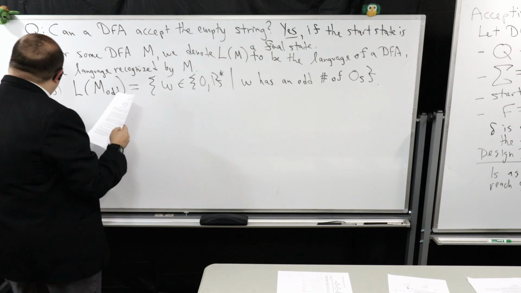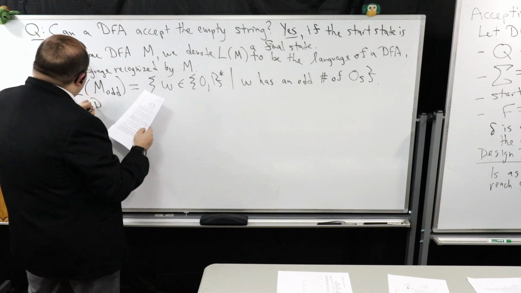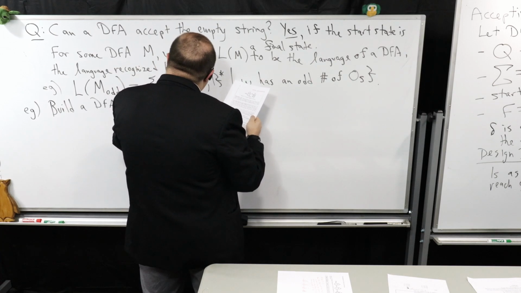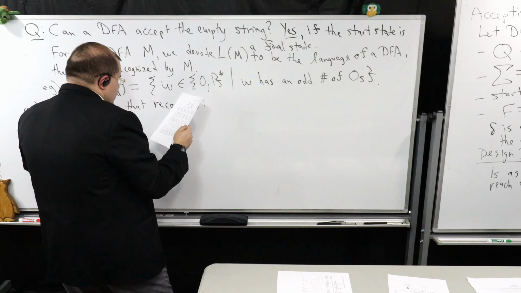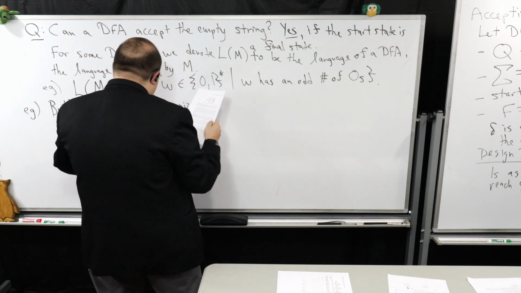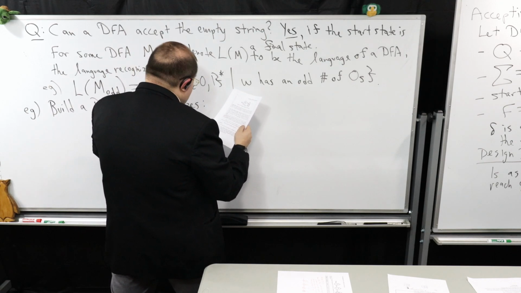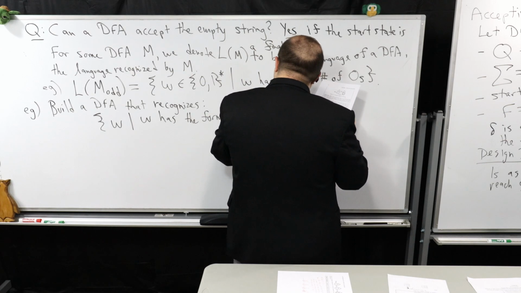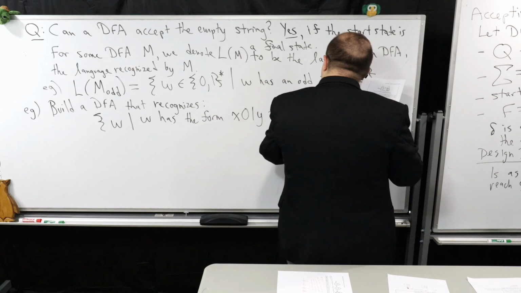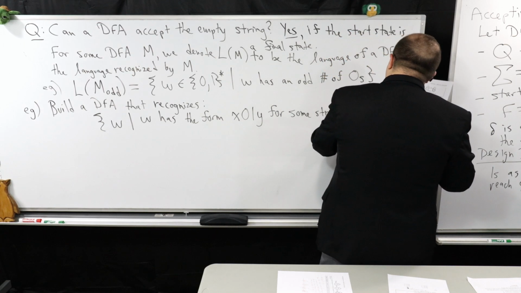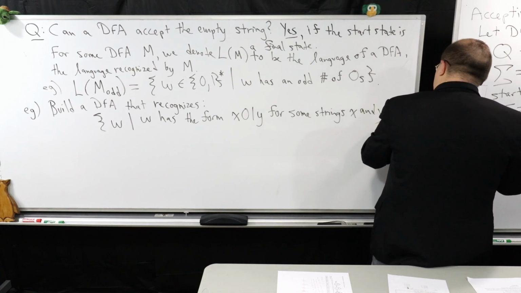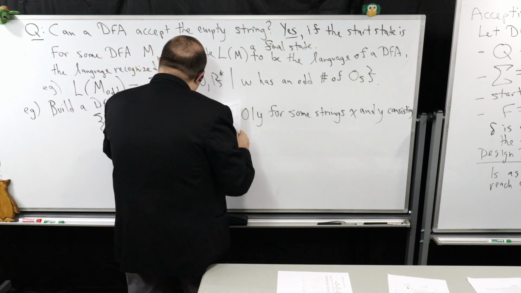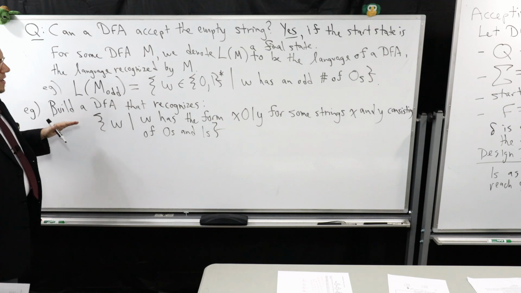I'm going to build a DFA that recognizes the set of w such that w has the form x01y for some strings x and y, consisting of zeros and ones. So I'm going to design a DFA that does this.